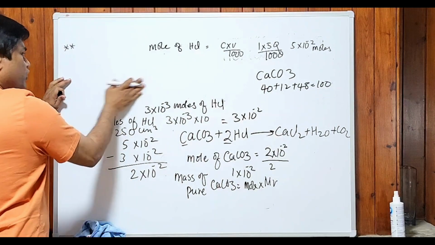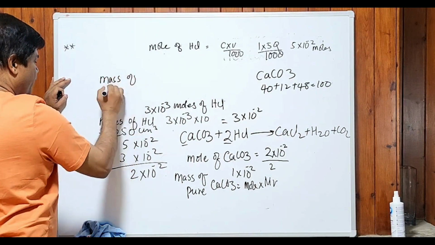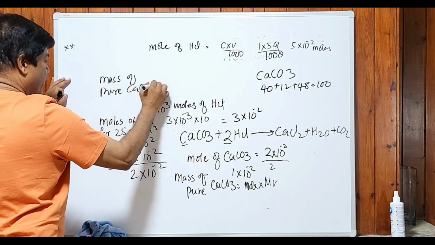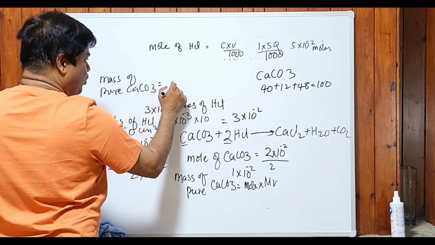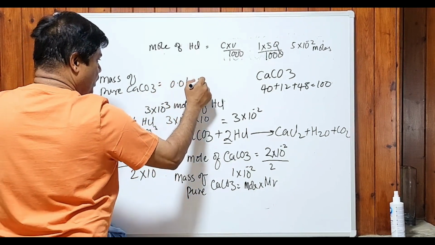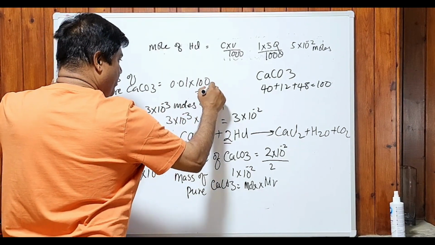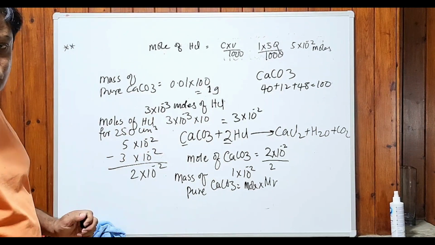So mass of pure CaCO3 equals mole times Mr, 1 into 10 to the power of minus 2 times 100, which equals 1 gram. This is the mass of pure CaCO3.